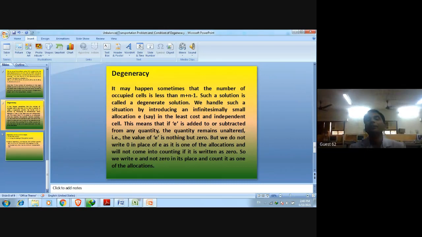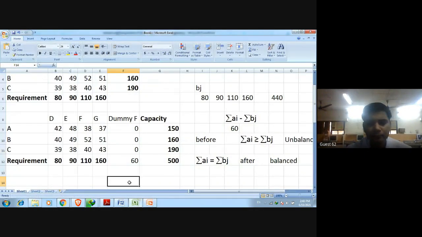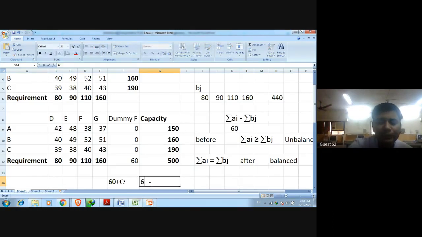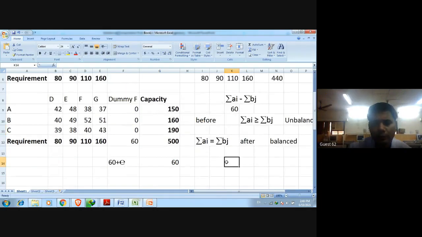Suppose you are adding 60 plus E, it will become 60. You can also see that 60 plus 0 equals 60.